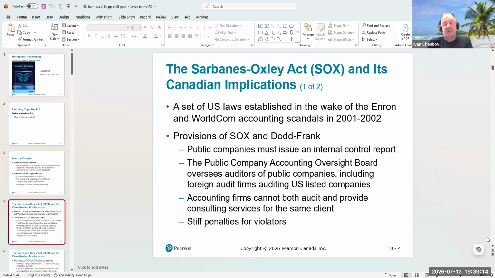That company's shares were publicly available and traded on the New York Stock Exchange. And the investors see that the company is doing very well by generating profits and increasing their assets.